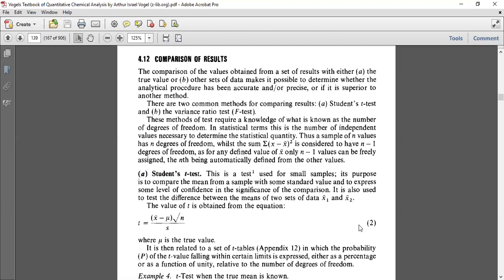Another person is doing titration, he has 3 values. Whatever mean they are getting, we consider it as x1 bar for the first person and x2 bar for the second person. So this test is used to test the difference between the means of two sets of data. Means दोनों ने जो भी analysis किया है, वो how much that is similar or whether they are getting proper result. That comparison we can do with the help of students t-test.